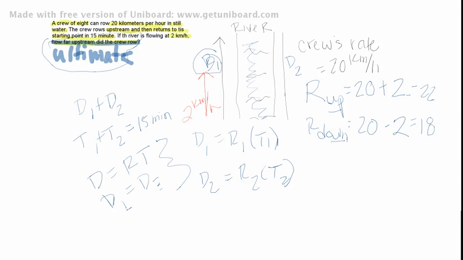But we know that time 1 plus time 2 equals 15 minutes. So we can solve that for time 1: time 1 equals 15 minus time 2, but that requires us to find time 2.